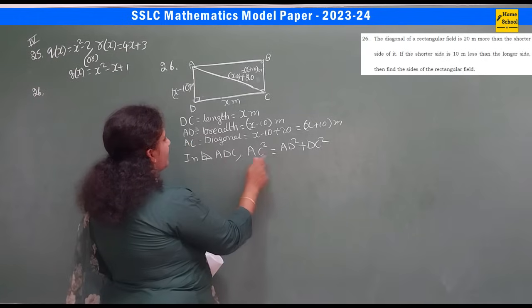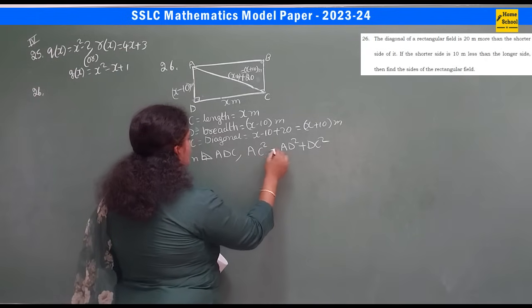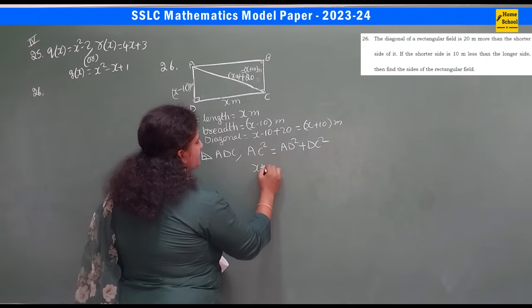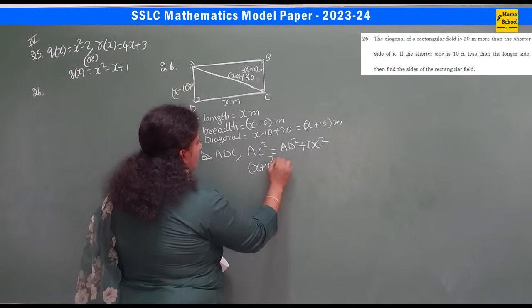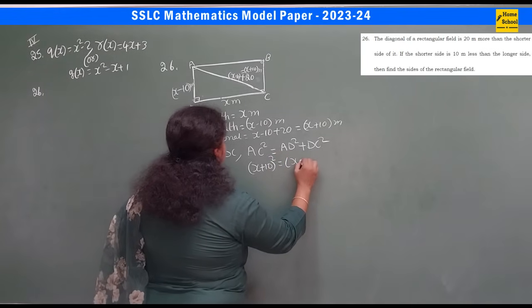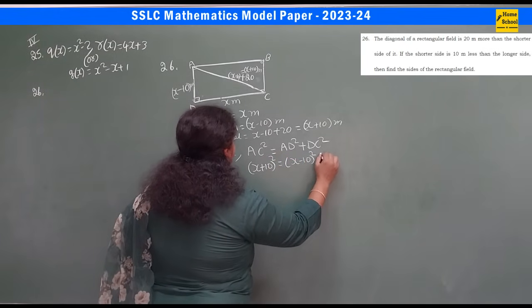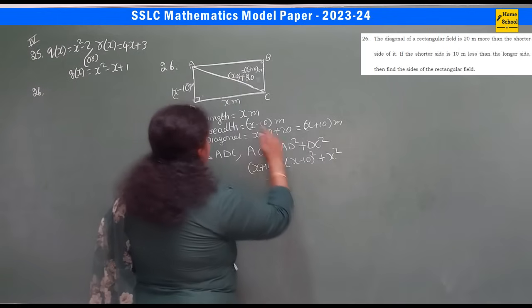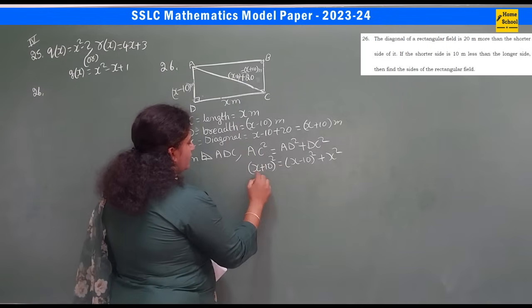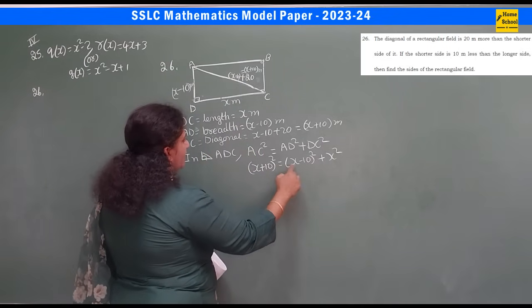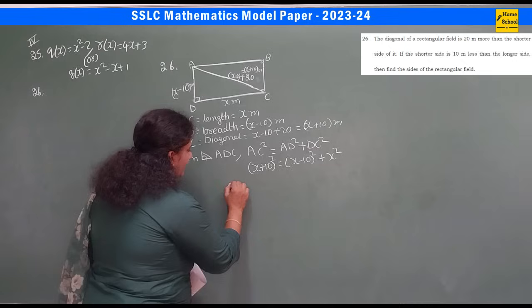Now substitute AC value, AD value, DC value. AC is x plus 10 whole square, AD x minus 10 whole square, plus x square. DC value is x. A plus B whole square here and here A minus B whole square formula.